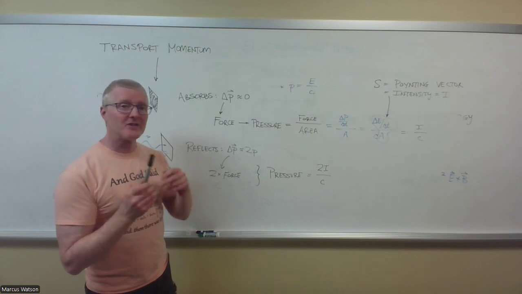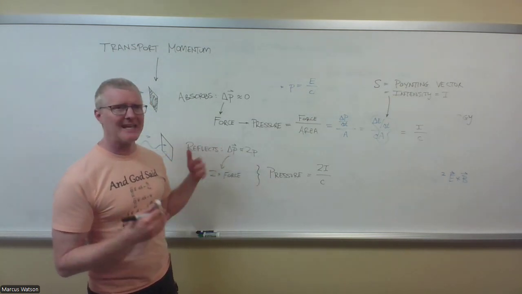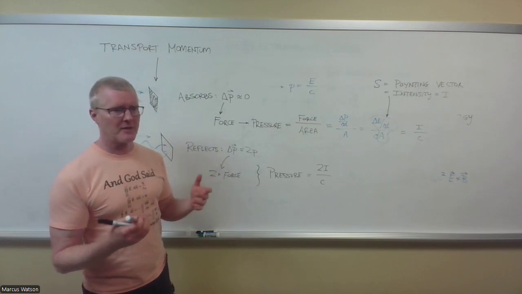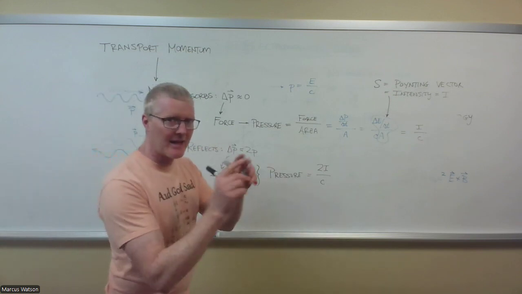I will say that when we get to the photon picture, this is, I think, going to be much easier to digest. Because in the photon model, you're thinking about small little pieces of light moving and then hitting and then bouncing off.